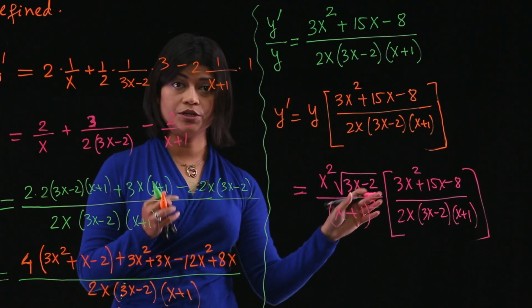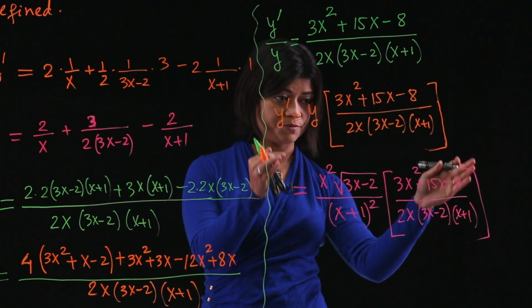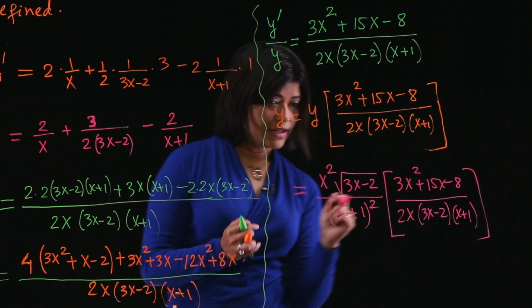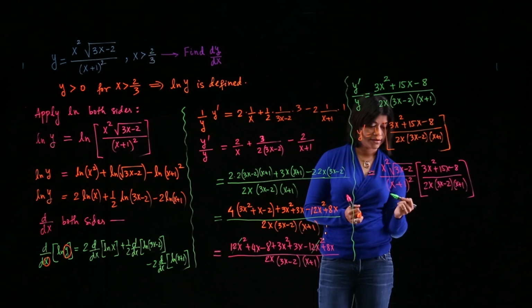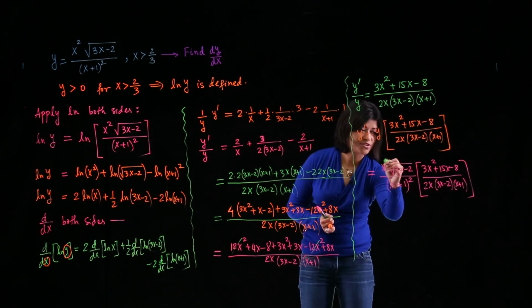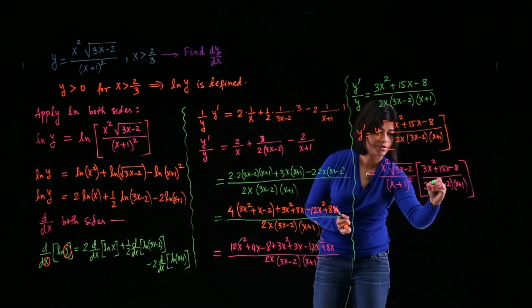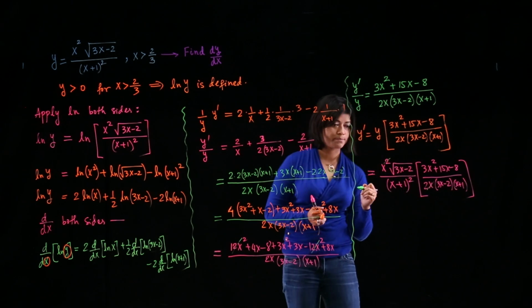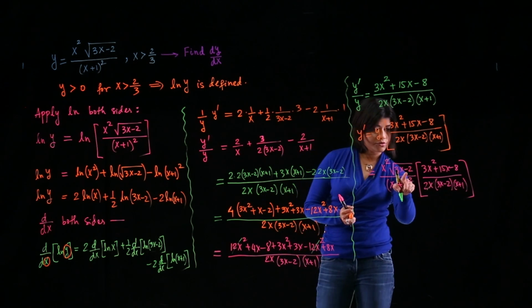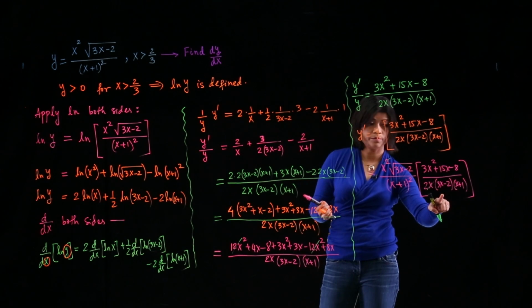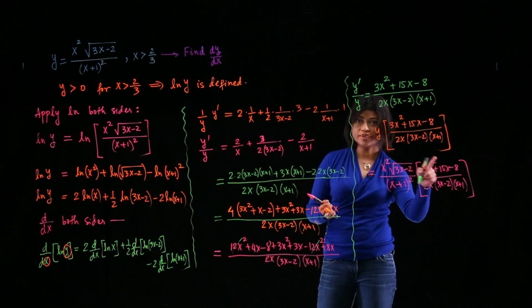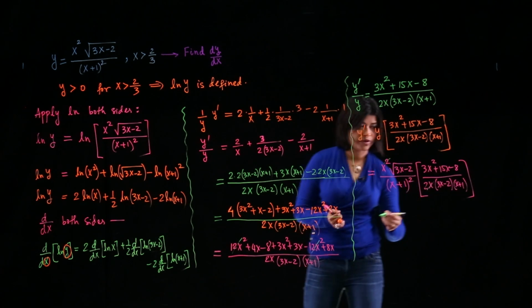Now, before you finish and before you write down your answer, let's see, is there anything that we can cancel when you plugged in y? Notice that we have x squared and we have an x in the denominator. So you can cancel one of the x. Also the 3x minus 2 factor. There's a square root and you have to the power 1 in the denominator. So you can cancel part of that as well.